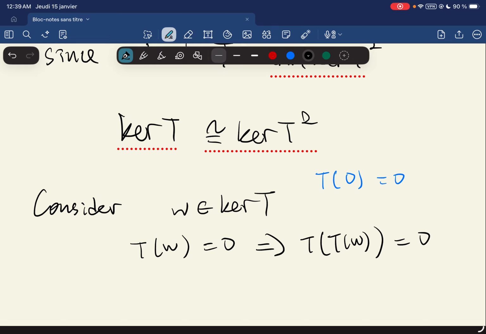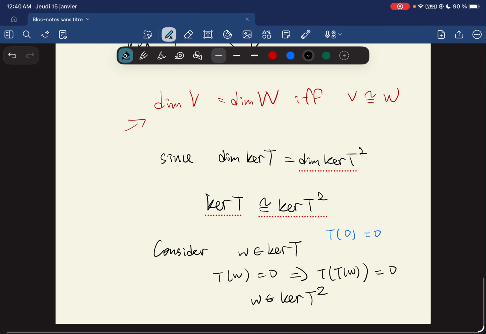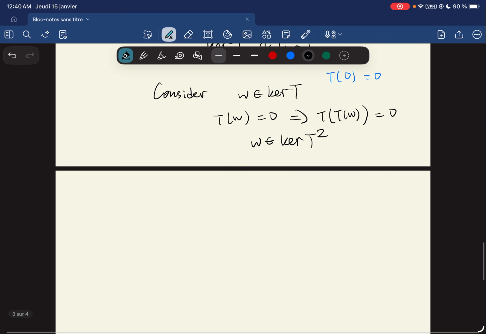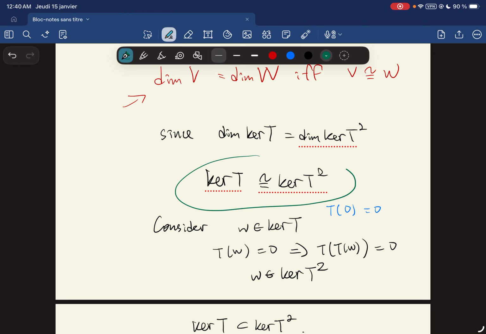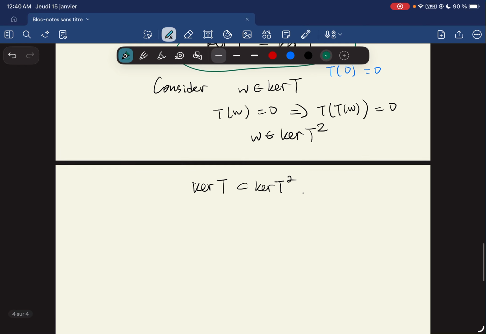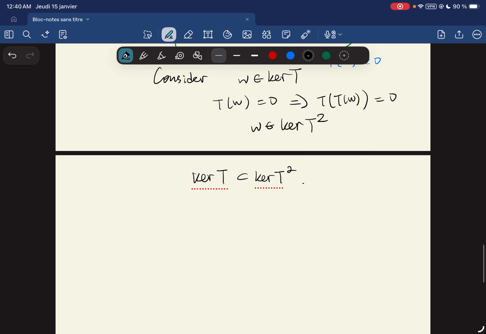So T of T of w is again 0, so w is inside the kernel of T squared. This is helpful because it means that the kernel of T is a subset of the kernel of T squared. But also by this isomorphism, we can write it again like this.